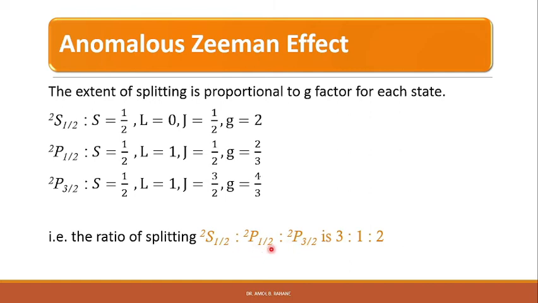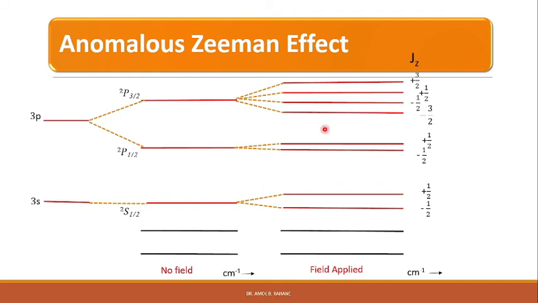So let us see the sodium atom spectrum in the presence of a weak magnetic field. Originally, the 3S to 3P transition in the absence of an external magnetic field was like this.